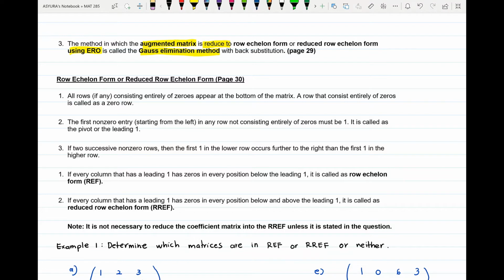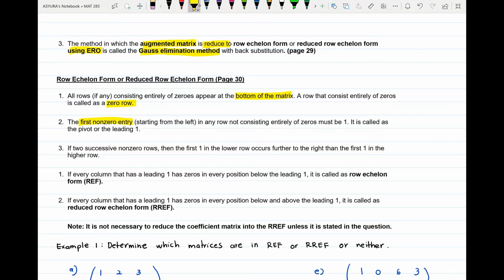Okay, look here. We have several conditions to identify the row echelon form and reduced row echelon form. The first condition is that a zero row must appear at the bottom of the matrix. Next, the first non-zero entry in any row not consisting entirely of zeros must be 1.